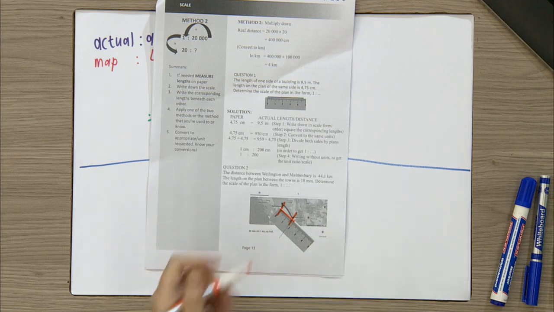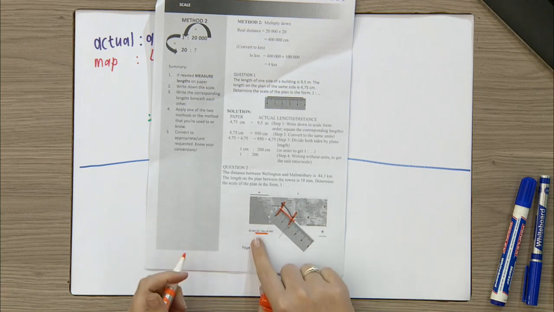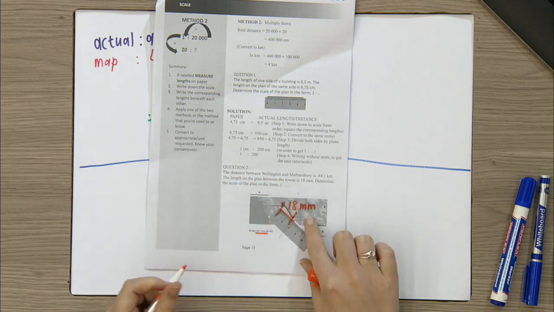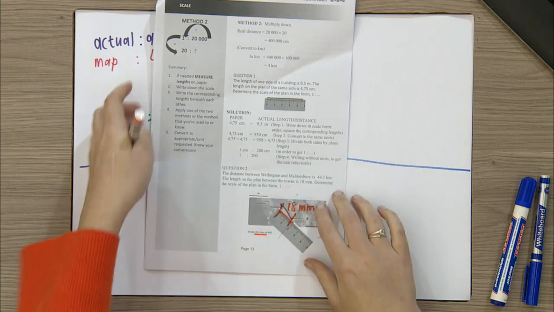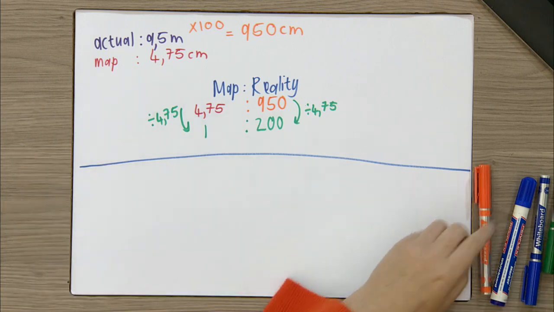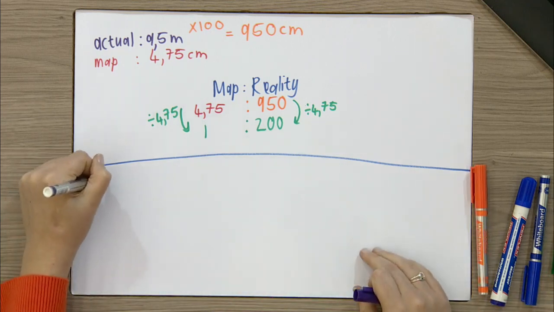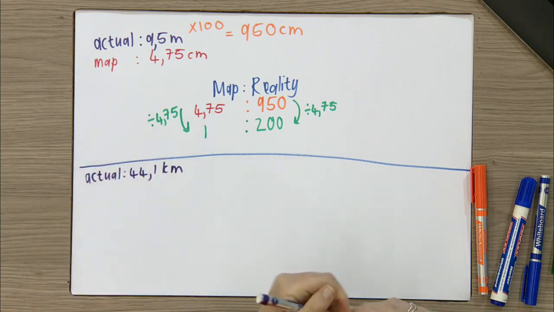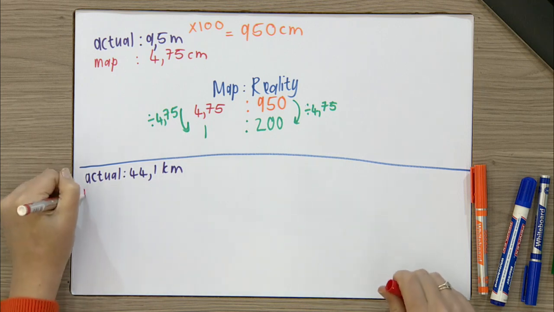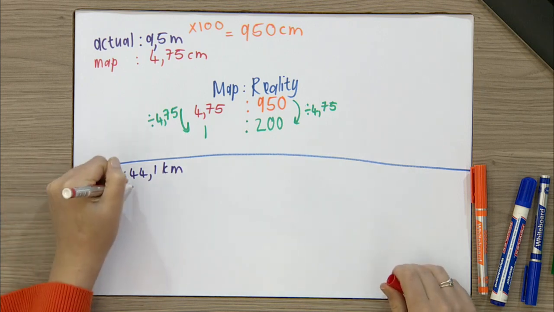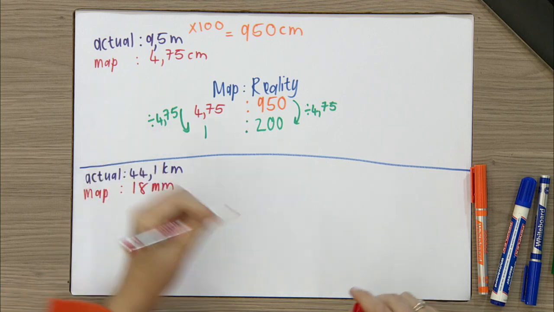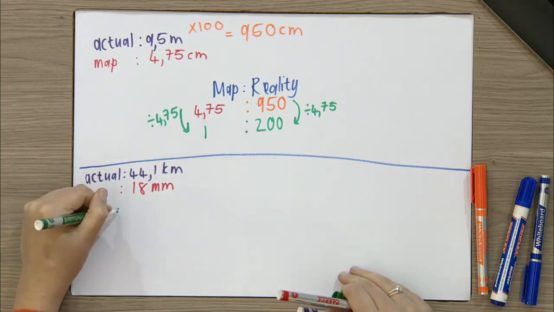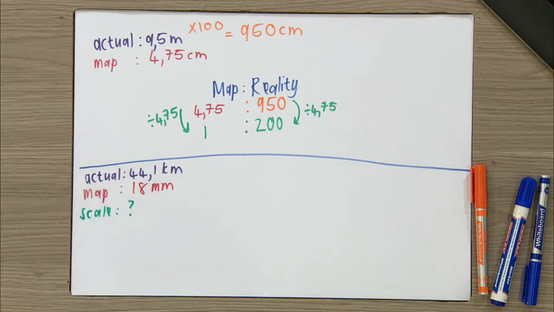So I know the real distance is 44.1 kilometers, and I know the distance on the map is 18 millimeters. So once again, what was given? The actual measurement of 44.1 kilometers. What else was given? The map distance of 18 millimeters, and what they asked us to calculate once again is the scale.